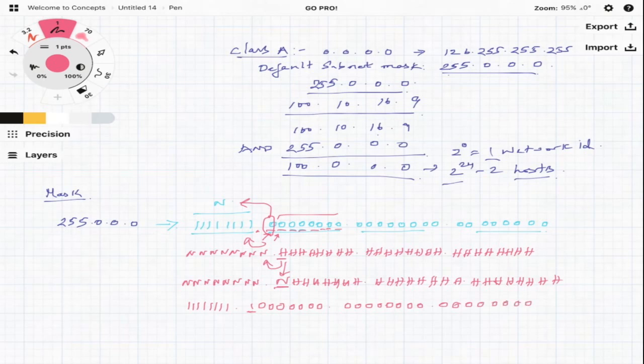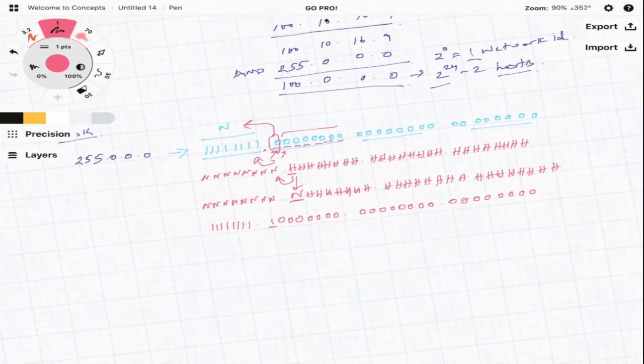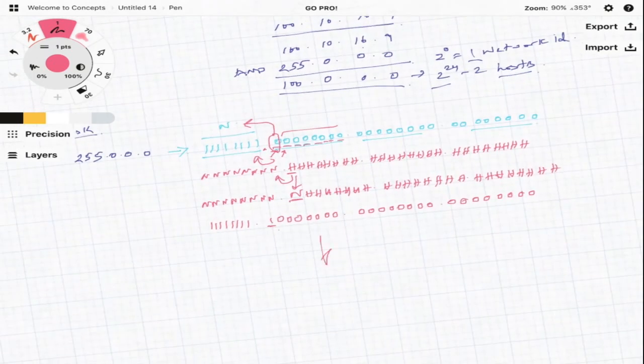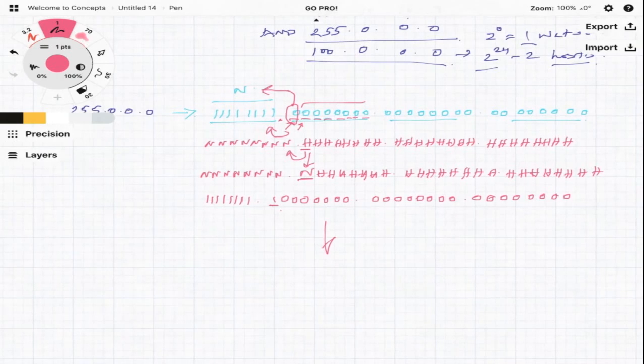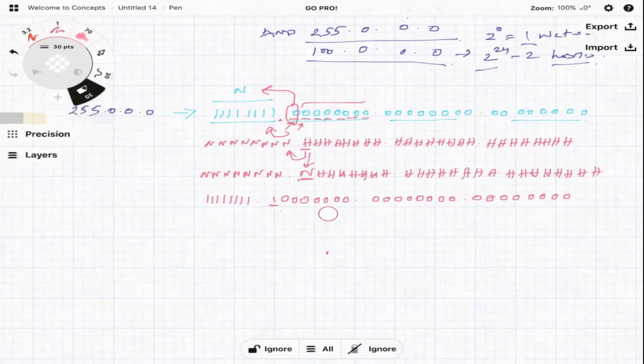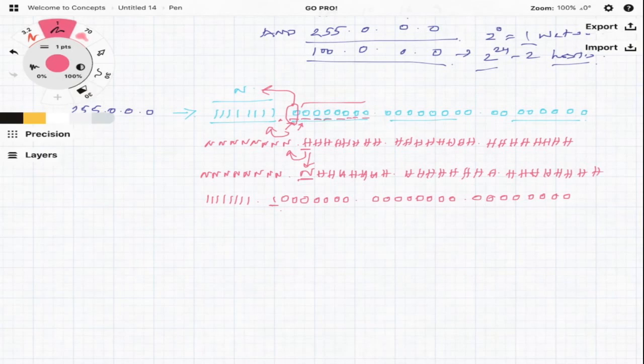So this is nothing but 255, and what is this? This is nothing but 128. Now how did we get this? I will show you how it is obtained.